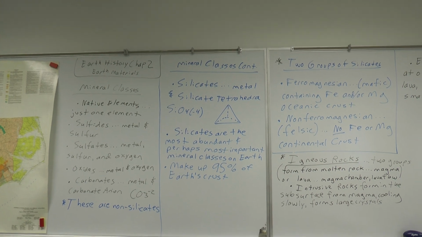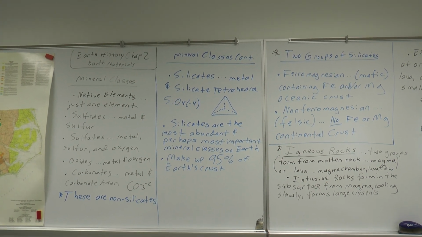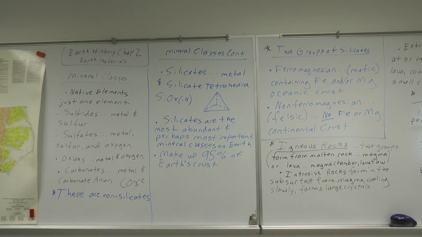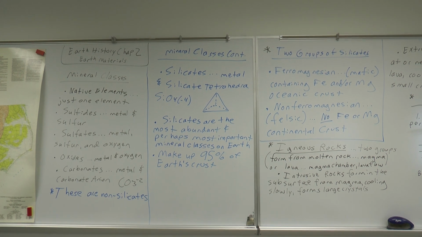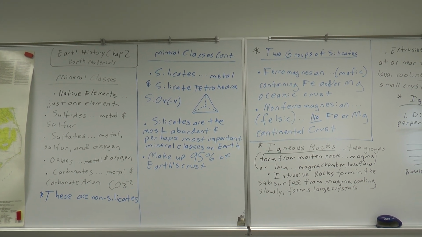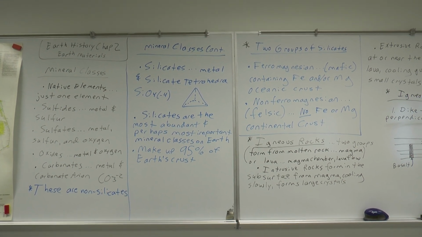Okay, so the silicates are a class of minerals, and it's going to consist of some kind of metal and something we refer to as the silicate tetrahedra, which is SiO4 with a -4 charge, and then that symbol I have drawn there that looks kind of like the triangle on the Citgo gas station.